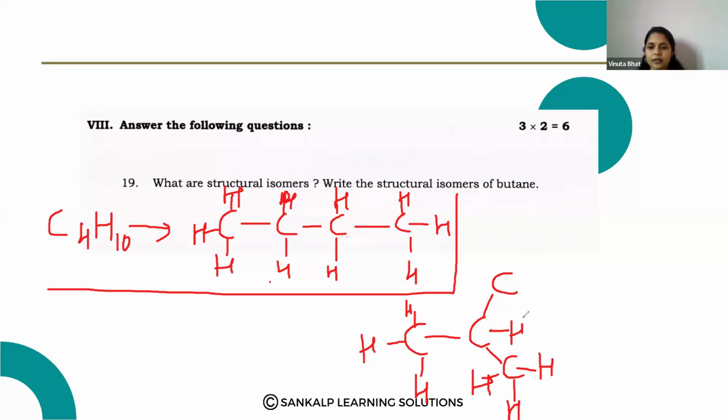Here I will add 1 hydrogen and here 3 hydrogen. Let us count the total number of hydrogen: 10. Yes, this is also C4H10, that is butane. The molecular formula is the same, but their structure is different. Hence, it is called a structural isomer of butane. So, you have to practice this.